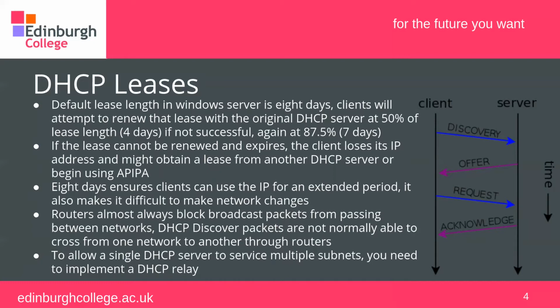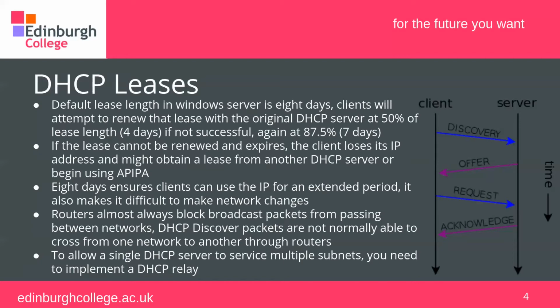What we need to know in Windows is the default DHCP lease time is 8 days. So when you get a lease from a Windows server in a Windows domain, it's 8 days by default, but there's a renewal at 4 days. So the server will check with the client if it wants to keep the lease at 4 days.